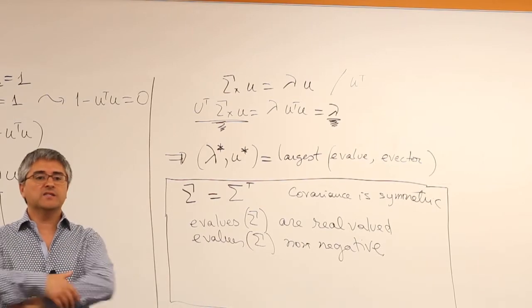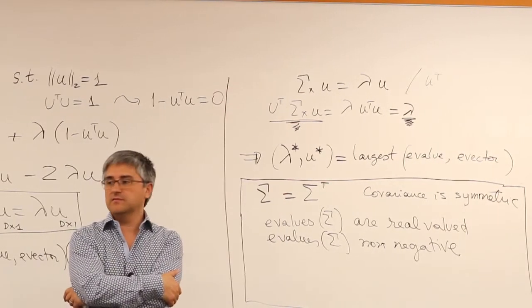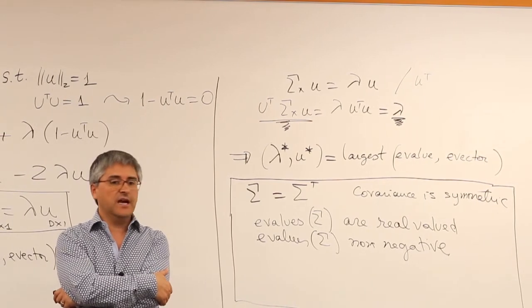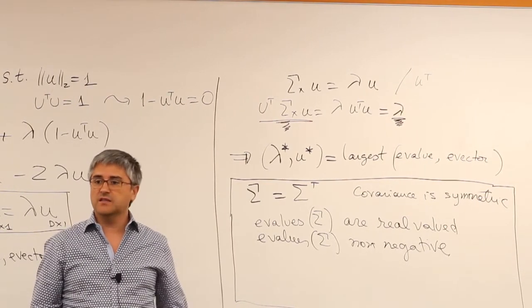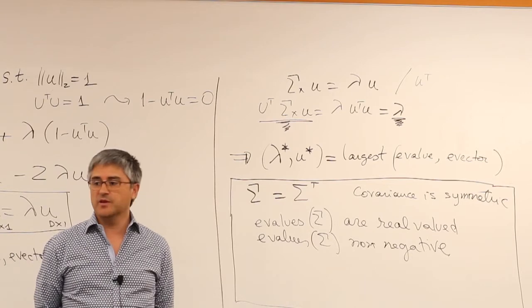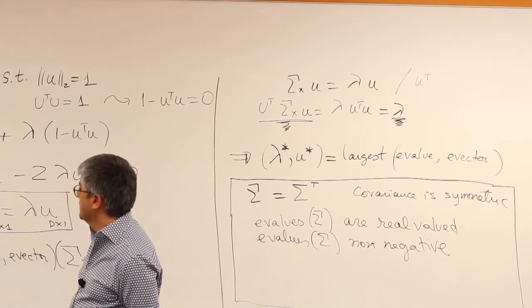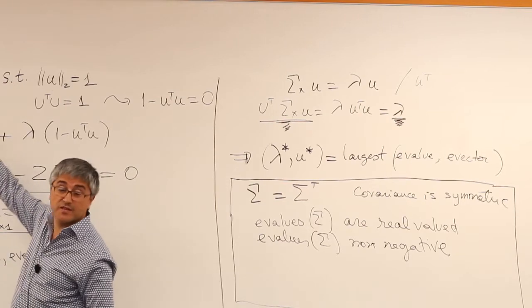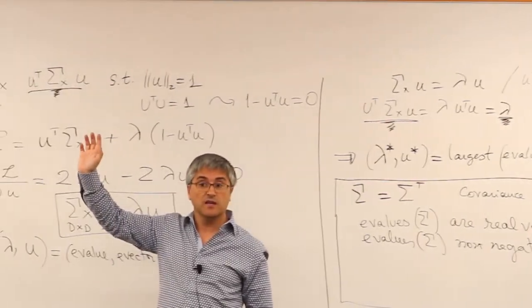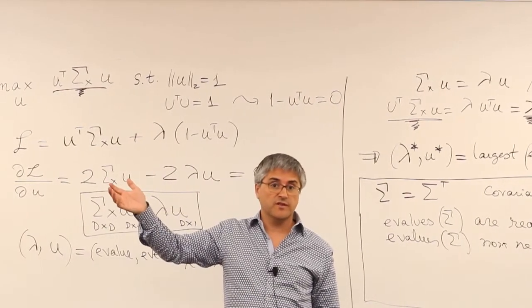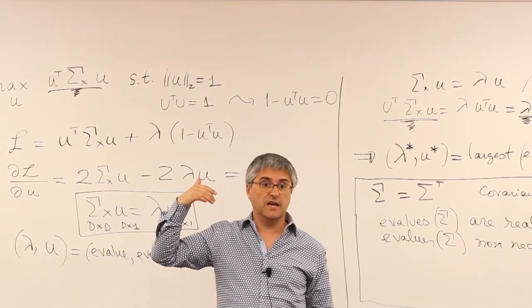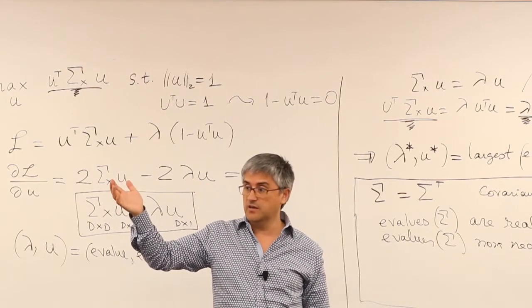So, what is the recipe? Given big data, how do I find the first and most important principal component? Well, you compute the covariance matrix. That's the first thing. You compute the eigenvector of the covariance matrix that has the largest eigenvalue.